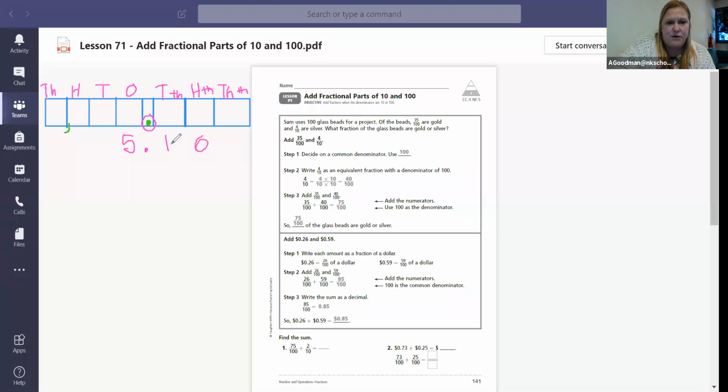So 5.16, and you would say that like this, 5 and 16 hundredths, because we go out to the hundredths place. As a decimal, that would look like this, or as a fraction, it would look like this, 5 and 16 hundredths. So when our number is into the hundredths, it goes out to this place in our place value chart. These are the tenths and these are the hundredths.